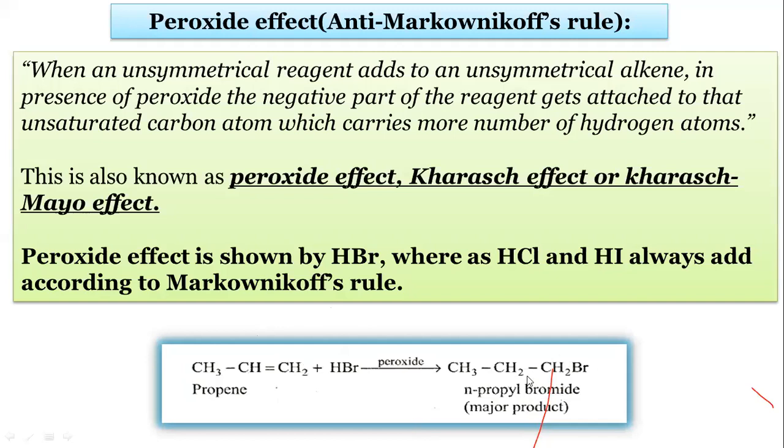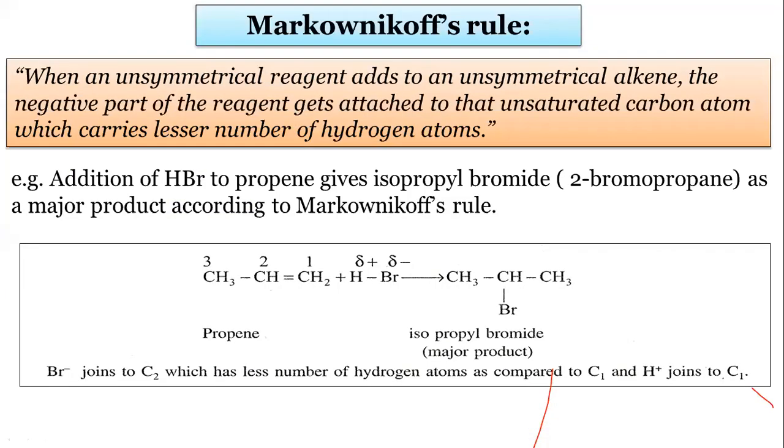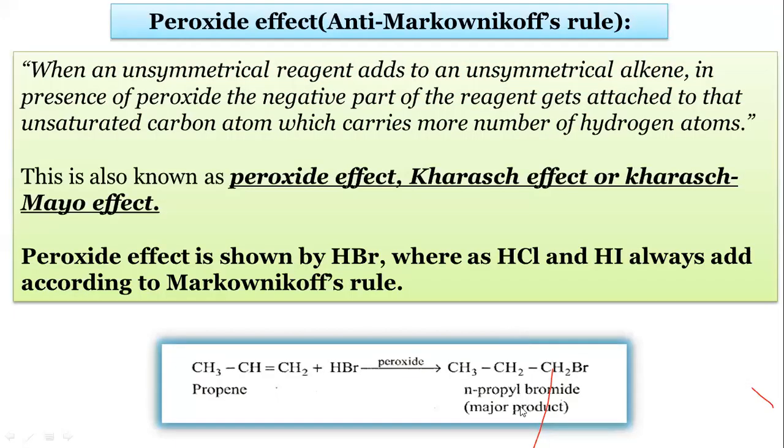So 1-bromopropane, or propyl bromide, is the major product here. In Markovnikov's rule, 2-bromopropane is the major product, and in anti-Markovnikov's rule, 1-bromopropane is the major product.